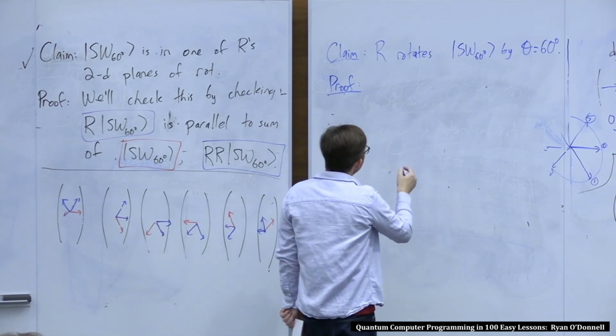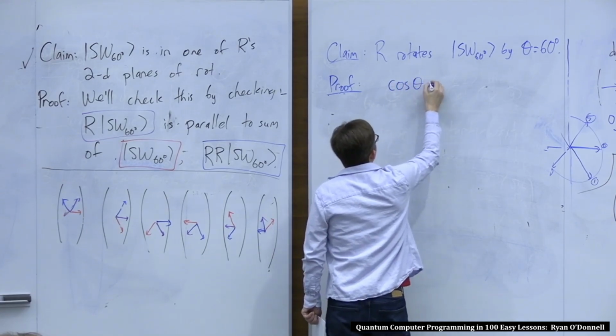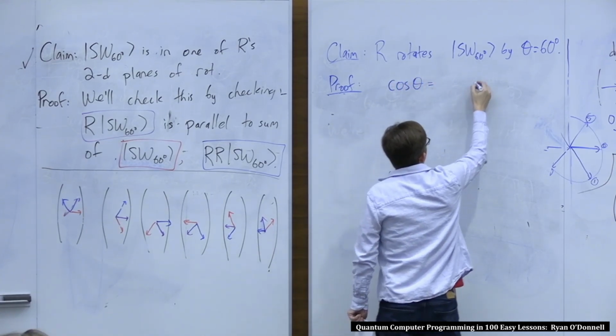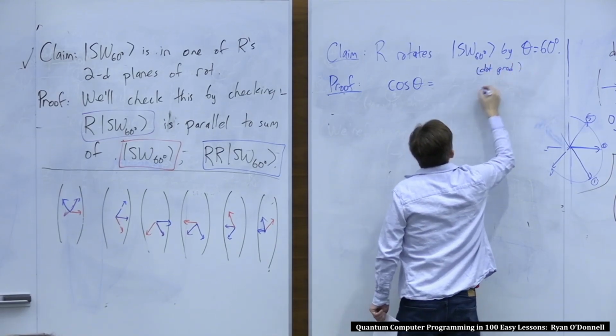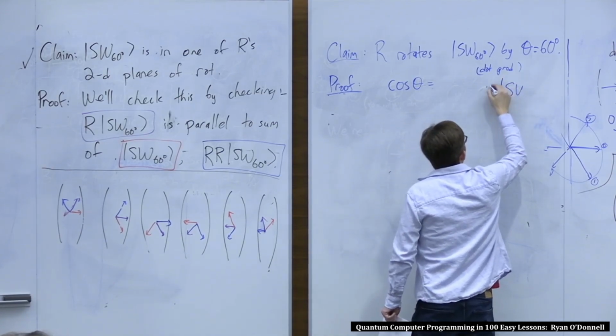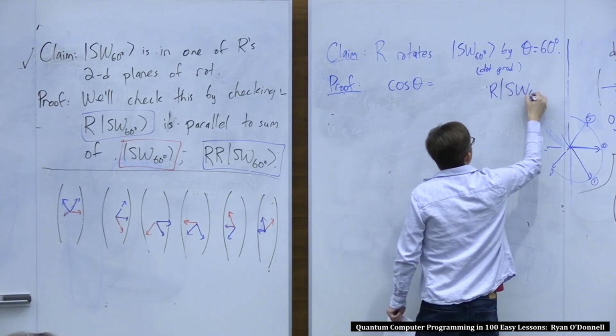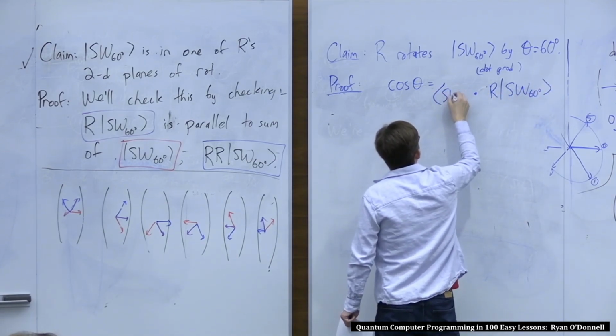Well, whatever theta is, we know that cosine theta is equal to the following dot product: the dot product of R applied to the steering wheel state and the steering wheel state.